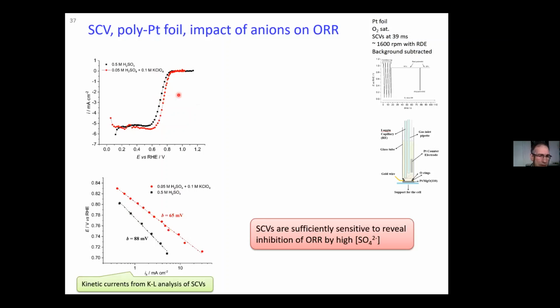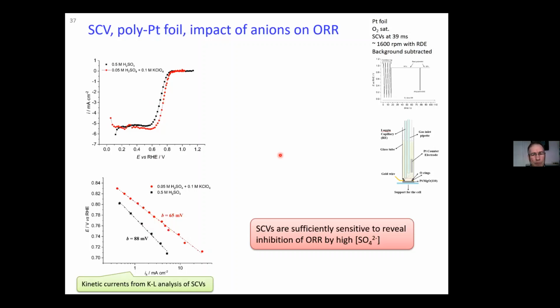That's already evidence that the strong concentration of sulfate is inhibiting the oxygen reduction reaction. And then there's also some evidence in the Tafel plots taken from the analysis of the sample current voltammogram. So these experiments demonstrate that sample current voltammetry has sufficient sensitivity to reveal the inhibition of the oxygen reduction reaction by the concentration of the sulfate anions.